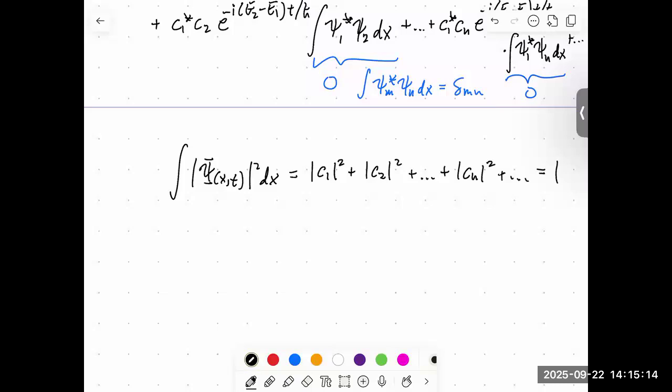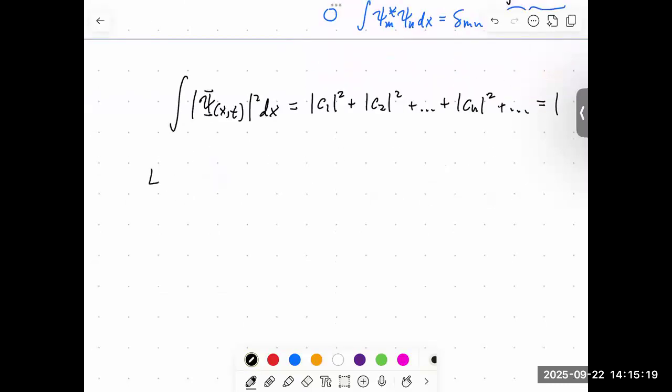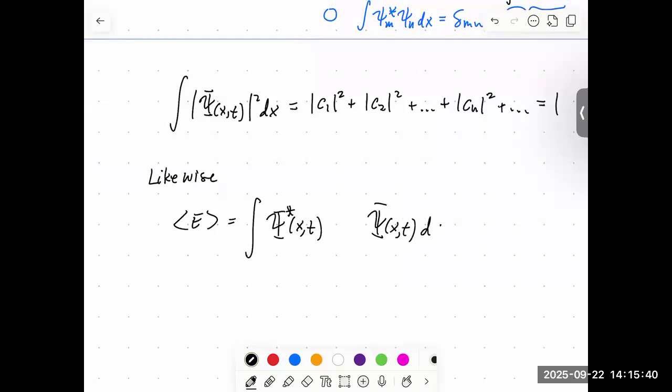All right. Let's do one more related extension of this. Let's calculate the expectation value of the energy. So remember, the way we calculate expectation values is we have the integral of the conjugate of our wave function and the wave function itself, like this. If I wanted the expectation value of, say, position, I would put my position operator here, x, and this would be the expectation value of position.